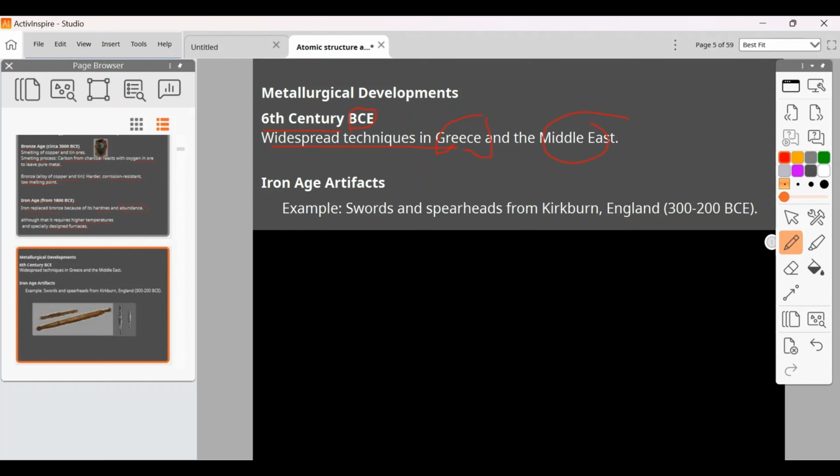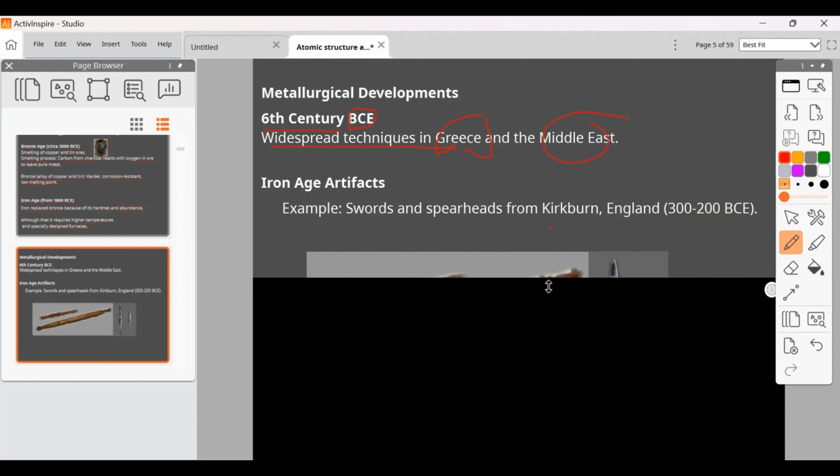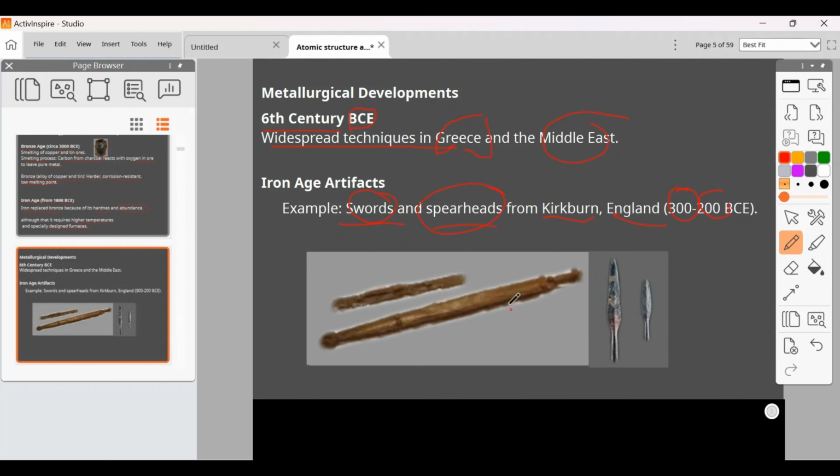So there were many artifacts, for example, swords and spearheads. Archaeology has found for us these tools from Kirkburn in England. This was 300 to 200 BCE. This picture shows a sword and a spearhead from Kirkburn in England.